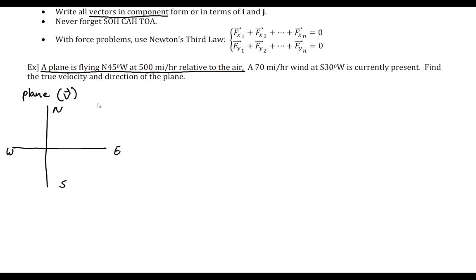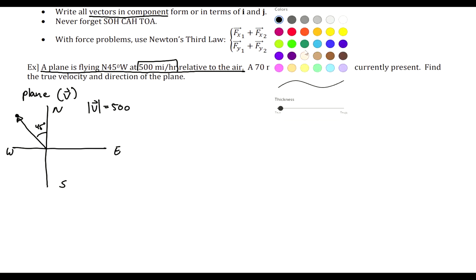We need the compass because of the north 45 degrees west. North 45 degrees west means start on the north and then go 45 degrees toward the west. So there's our vector representing the plane. We already know the magnitude is 500, and we want the direction of the plane.